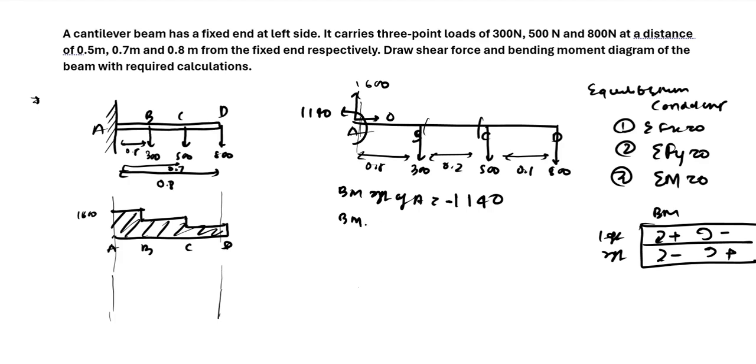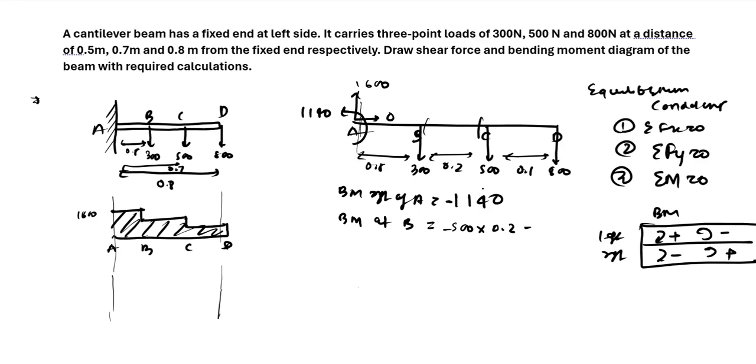We have a bending moment at B. Bending moment at B, you can calculate either from the left side forces or the right side forces. So we will calculate from the right side forces. We have 500 into 0.2, minus, because both of them are clockwise and on the right side.